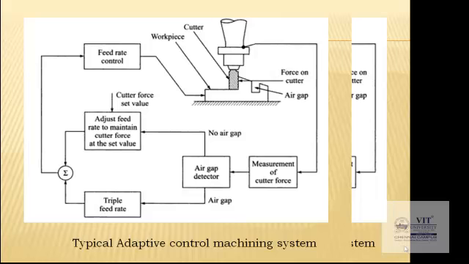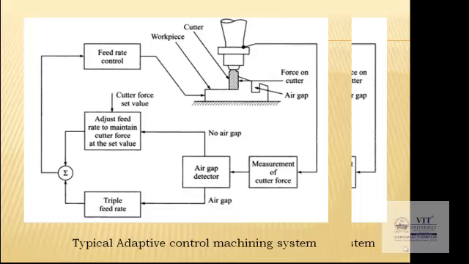The set value, fixed as a standard, is compared with the measured input. If there is any error, that will be changed in the feed rate controller. You can change the speed, the force required, and modify the set value.